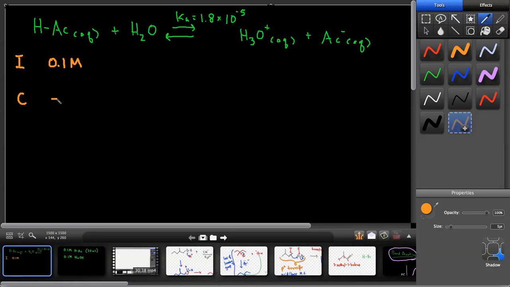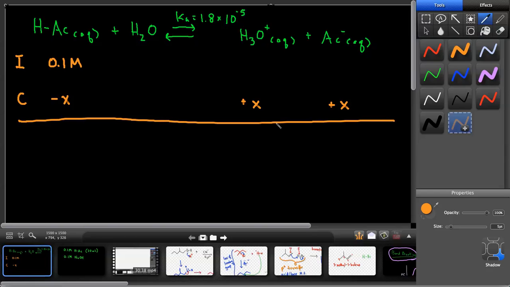We know that some unknown molarity will dissociate to produce the same unknown molarity of hydronium and the same unknown molarity of acetate by virtue of our balanced chemical equation. And at equilibrium, we have 0.1 minus x.